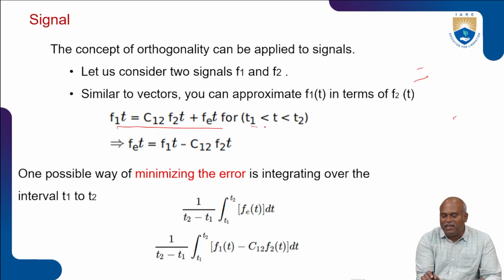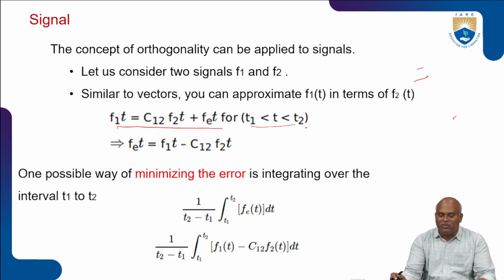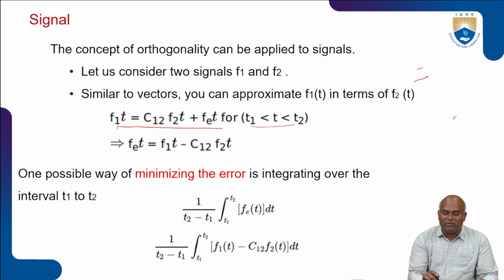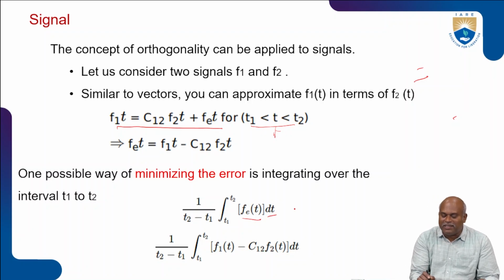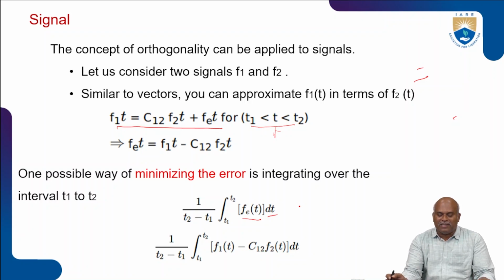We take the average value over the interval T1 to T2, that is 1 by T2 minus T1, the integration between T1 and T2 of the error between the two signals F1 of t and F2 of t with respect to dt. It's represented as a minimization of error.